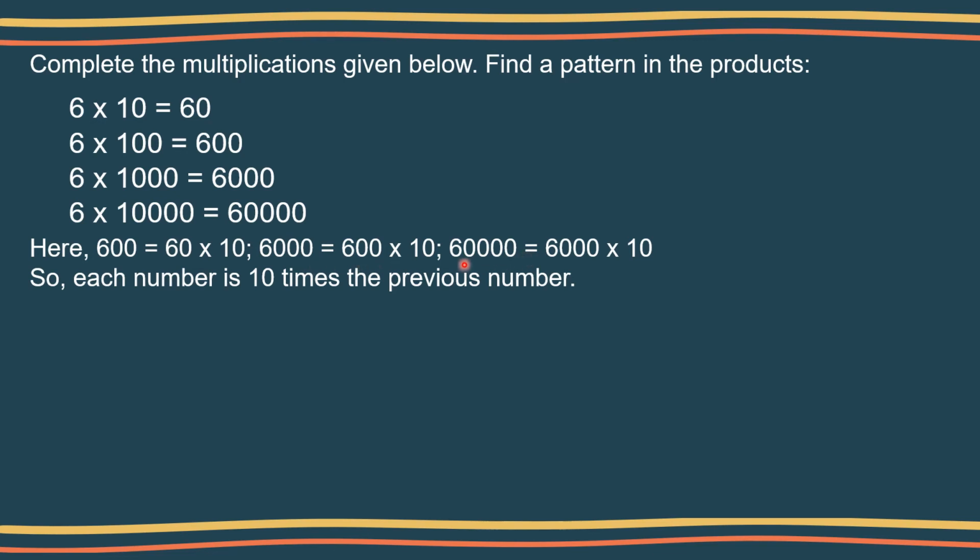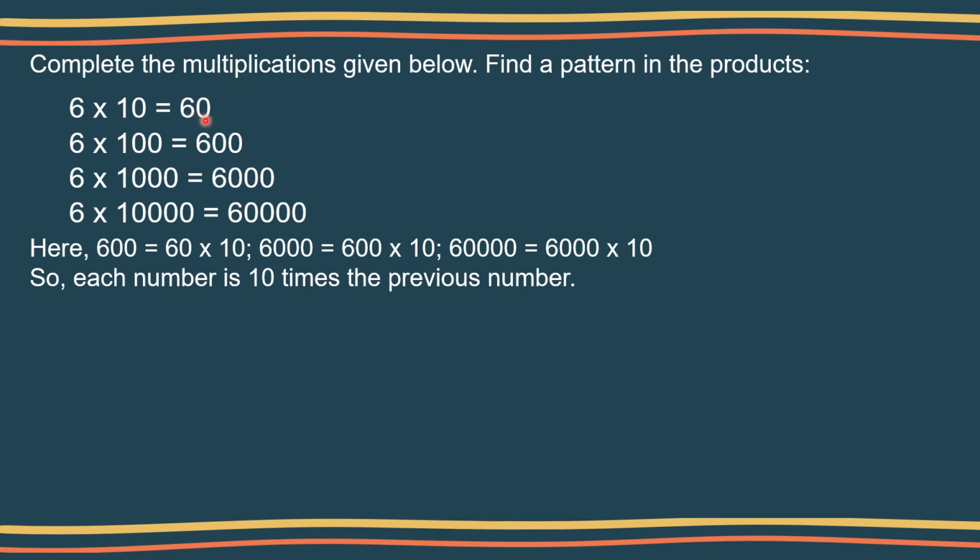In the same way 60,000 is equal to 6,000 multiplied by 10. 6 into 1, 6 ones are 6 and these zeros, we will get 60,000. So each number is 10 times the previous number.